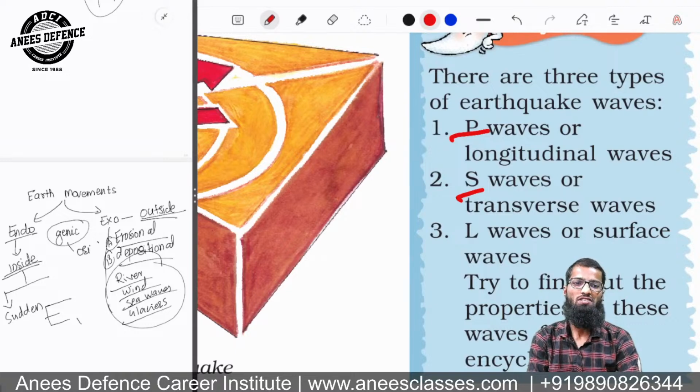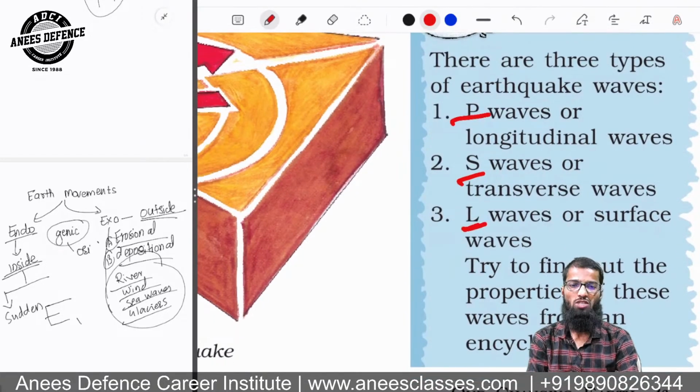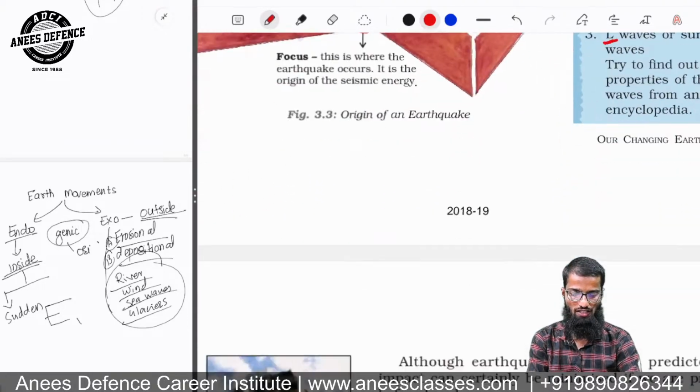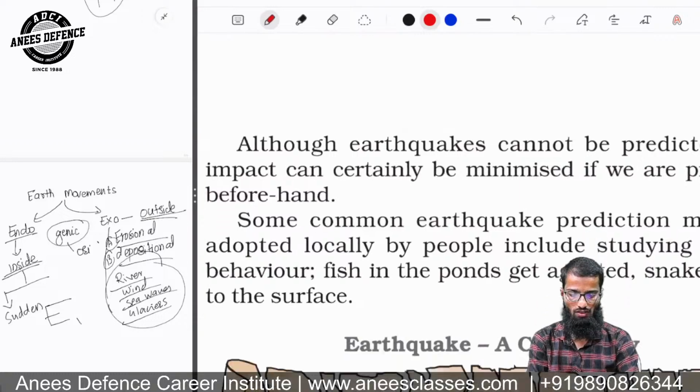S waves are transverse waves. And L waves, called Love waves or Rayleigh waves, are surface waves. Most of the destruction in earthquakes is caused by the surface waves, because of the nature of the propagation of the waves. And this was the question which was asked by the NDA.